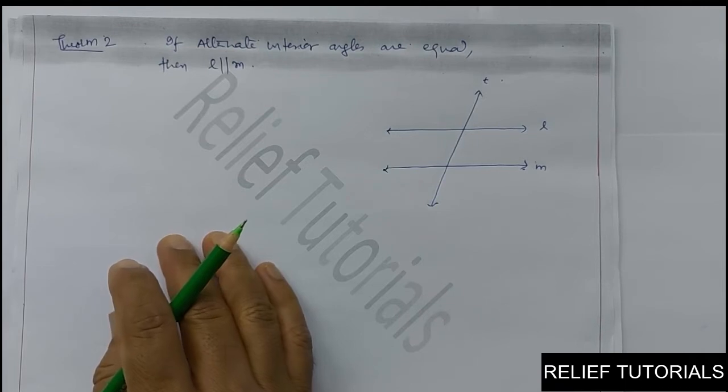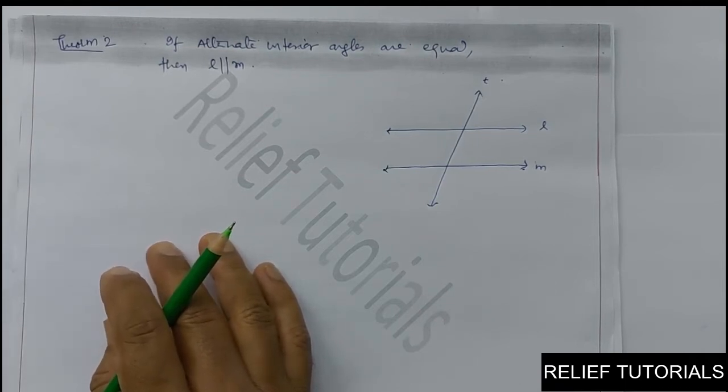What it says: if alternate interior angles are equal, then lines are parallel.